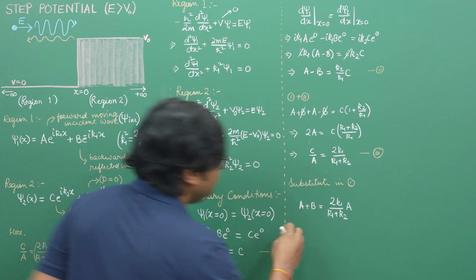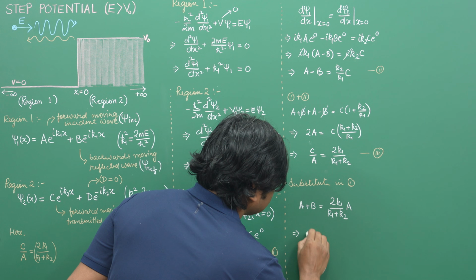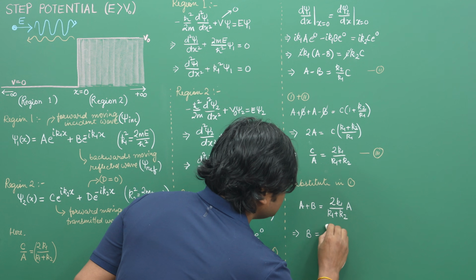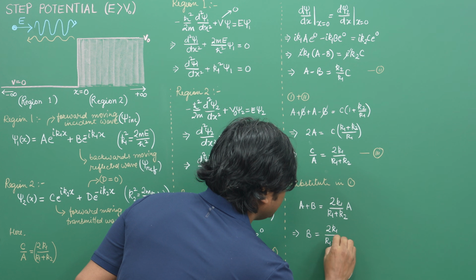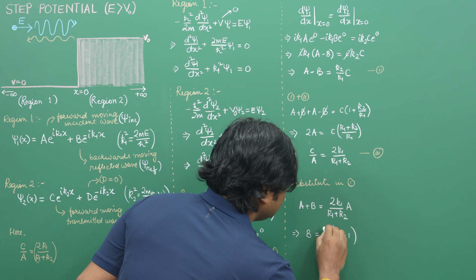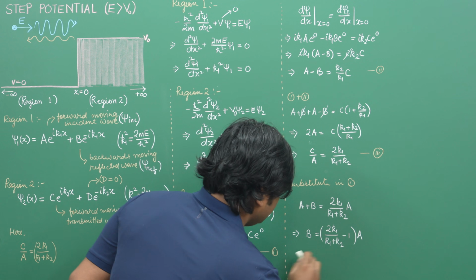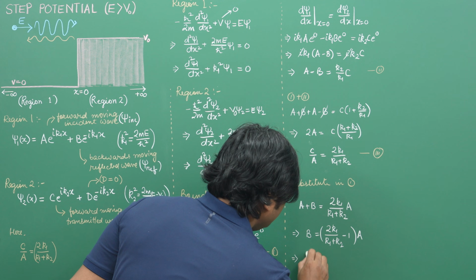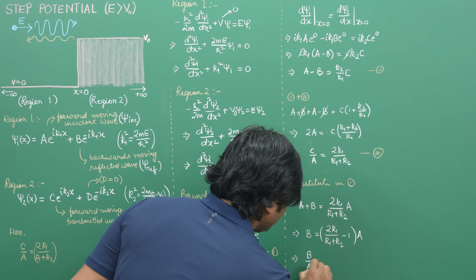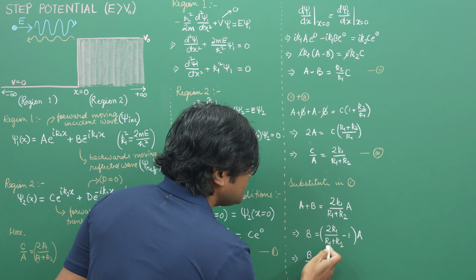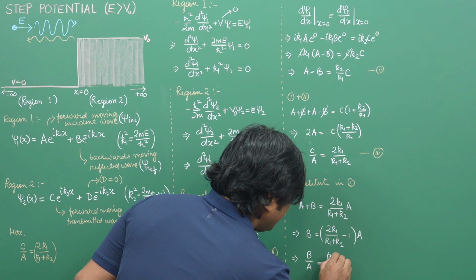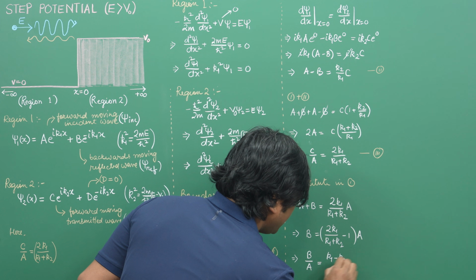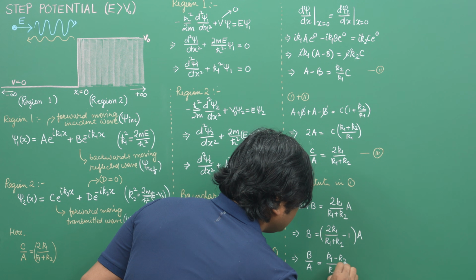So therefore b becomes this minus 1, so 2k1 upon k1 plus k2 minus 1, times a. So this ends up becoming b upon a is equal to 2k1 minus k1 minus k2, which is k1 minus k2, and in the denominator you have k1 plus k2.